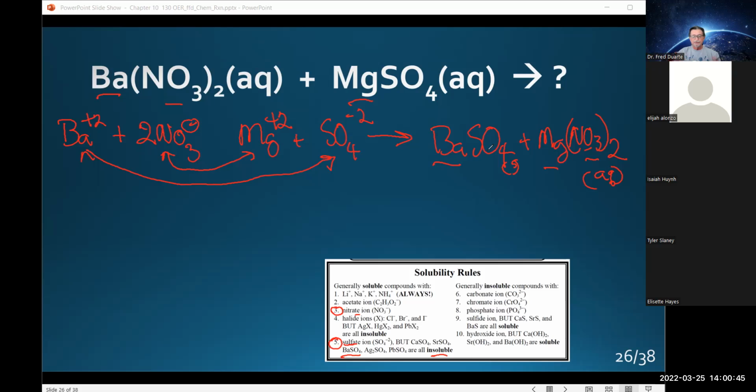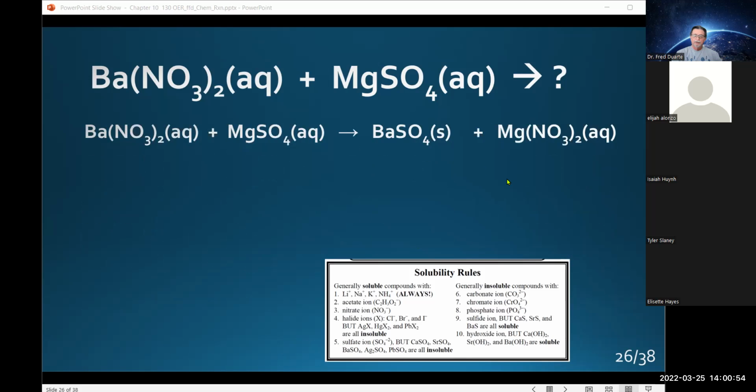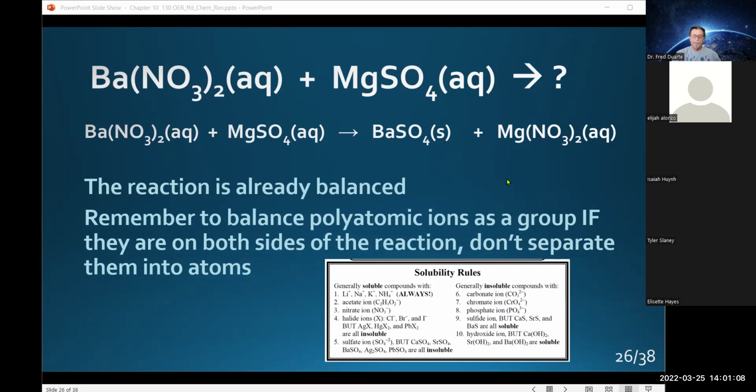By default, they just balanced out. Okay. That one worked out okay. So definitely have a positive reaction here. Breaking them into ions really helps to make sure that things get balanced out properly.